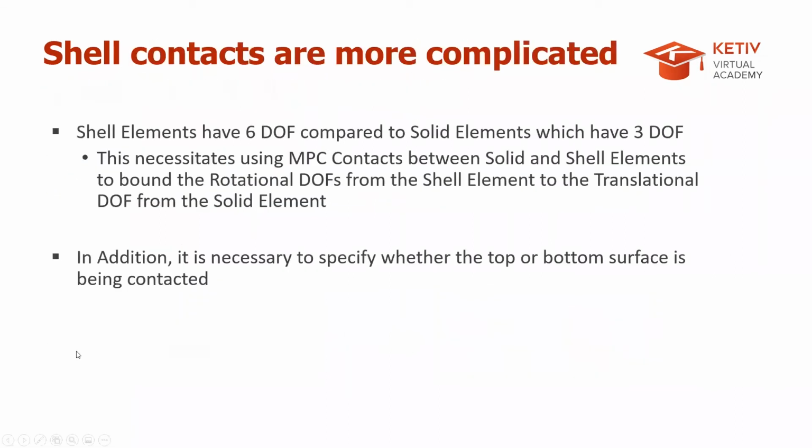But they're also more complicated because of the degrees of freedom. Shell elements have 6 degrees of freedom compared to solid elements, which have 3 degrees of freedom. You have to use what's known as MPC contacts between the solid and the shell elements to bound these rotational degrees of freedom and allow the model to work well.